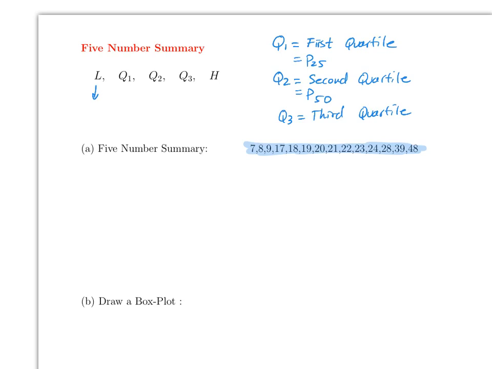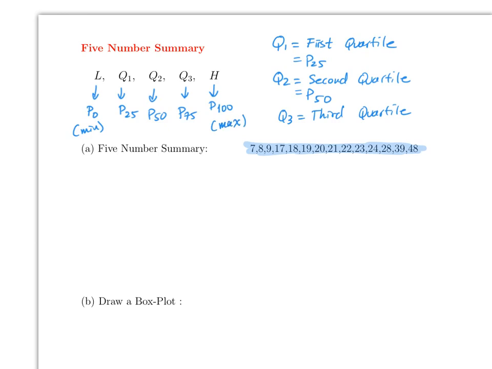So therefore, this is technically P0, P25. Remember, this is the minimum. This is P50. This is P75. And this one you can call P100, like the Tesla P100. But this is also the maximum.